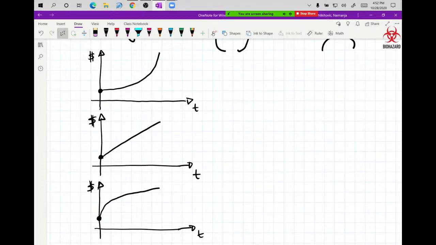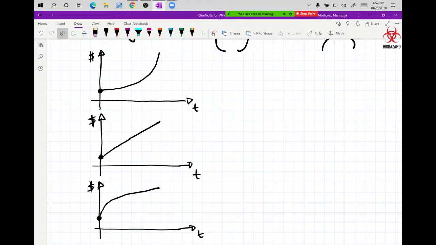Someone please tell me which ones over here are making money over time. Come on, guys, it's not a trick question. 1 and 2.